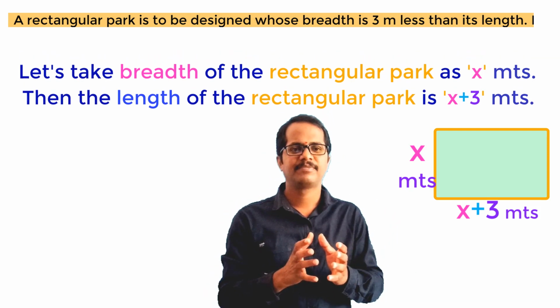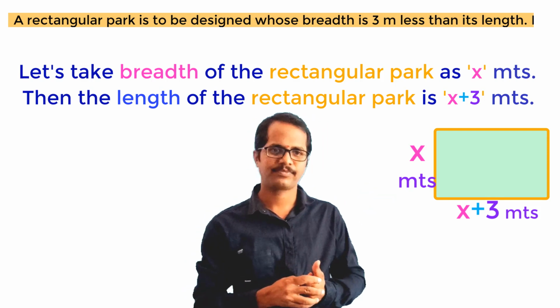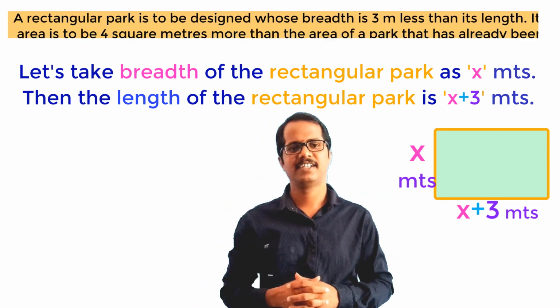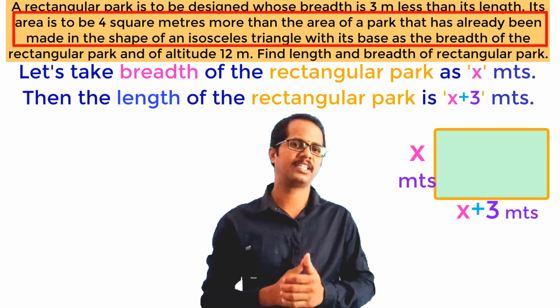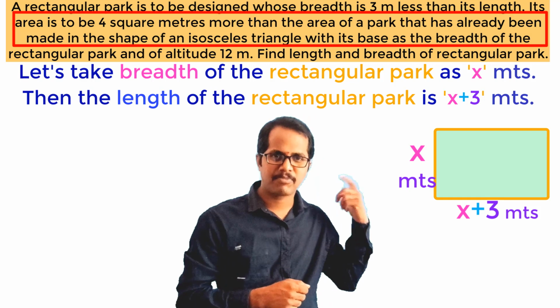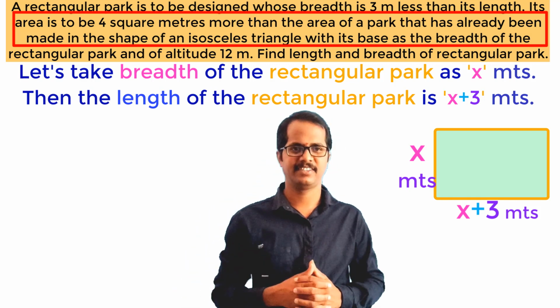And here we have one more piece of information. That is, the area of the rectangular park is to be 4 square meters more than the area of the triangular park which is already designed.